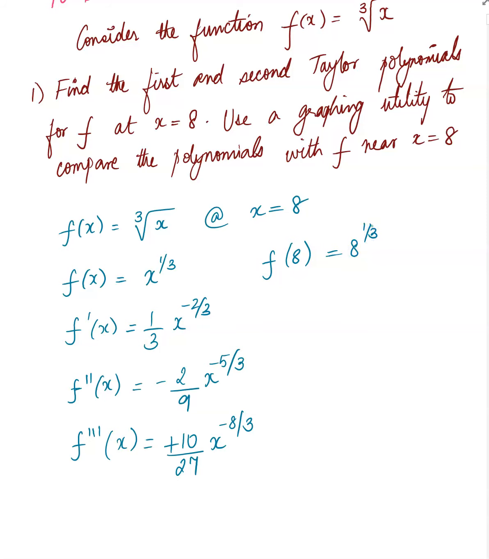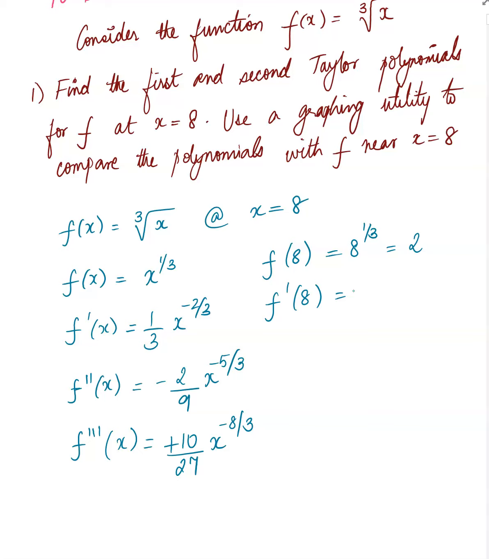Well, that's the cube root of 8, which is 2. f prime of 8. You can use your calculator to get this, but we'd like to keep it as a fraction just to look for patterns. But it's totally fine if you want to keep it as a decimal value.